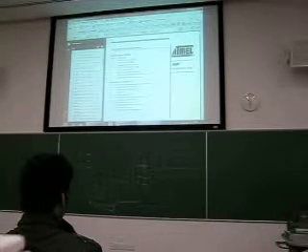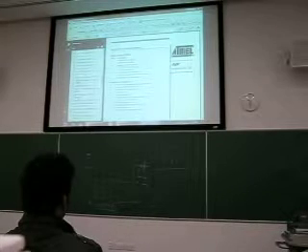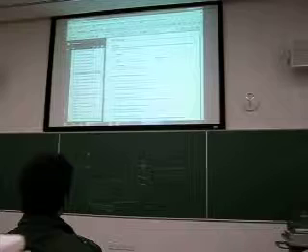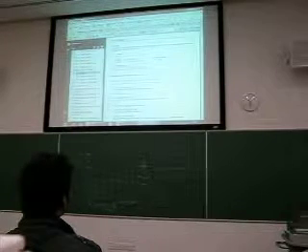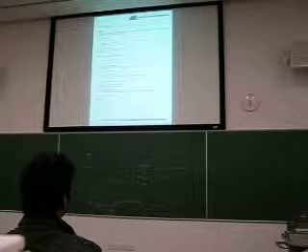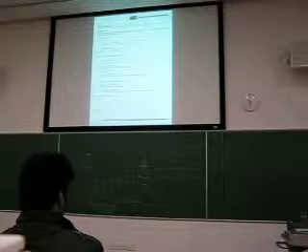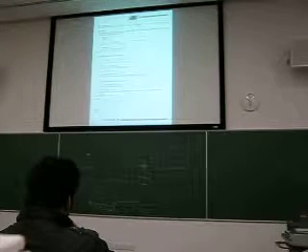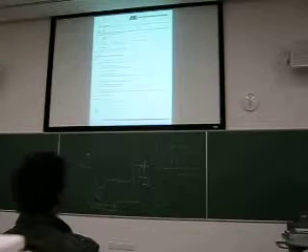So I'm looking for compare, right? Control L, probably will show me the whole thing. So if I look at this one, for example, can you see my pointer here?